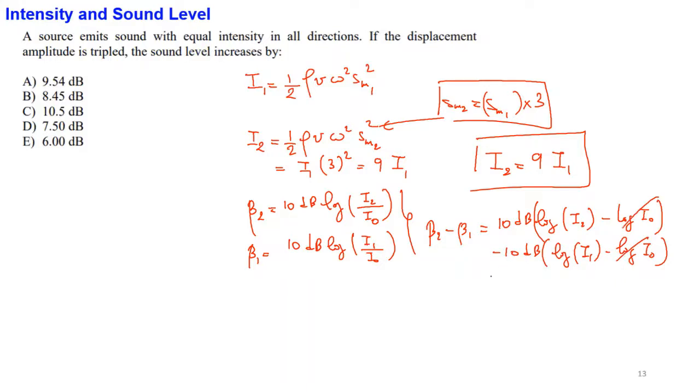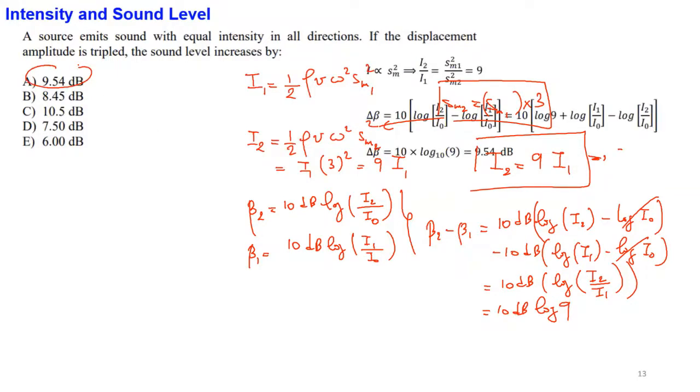So I'll just have 10 decibel log of I2 minus log of I1, which just gives you log of I2 divided by I1. You remember? These are the log properties. So basically you'll have 10 decibel log of 9, because I2 divided by I1 is equal to 9. You calculate it and you get this answer. The increase is just 9.54 decibel. Is it clear? Okay, great.